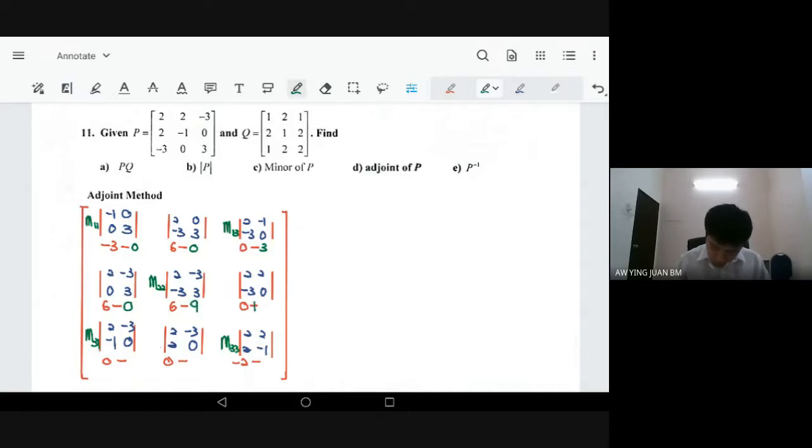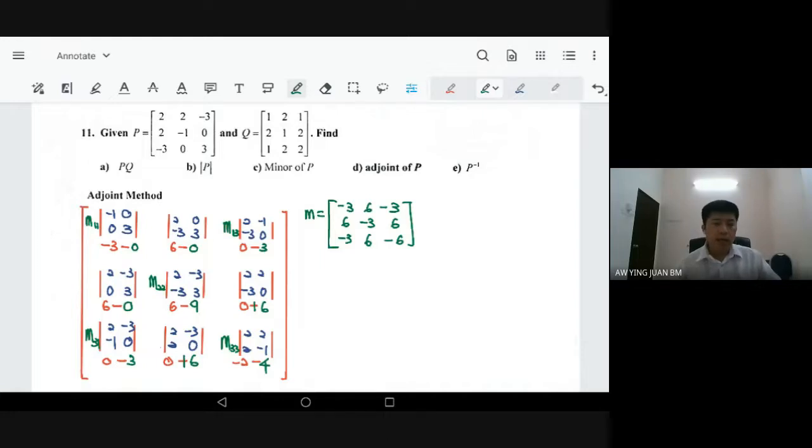Next, we have positive 6. Continue, 3. Next, we have positive 6, and then we have 4. So that is the process of finding the minor. You may check your answer with mine. In here, we have the minor: negative 3, 6, negative 3, 6, negative 3, and then 6, negative 3, 6, negative 6. That is what we call the minor.